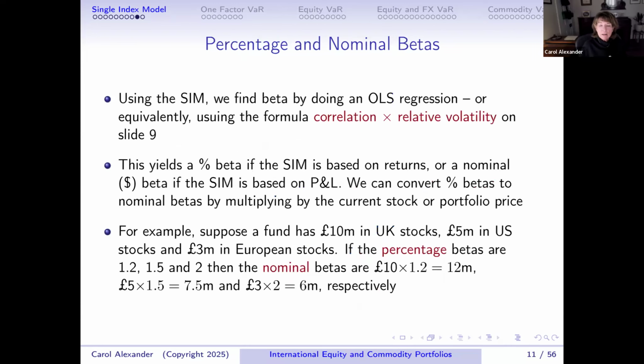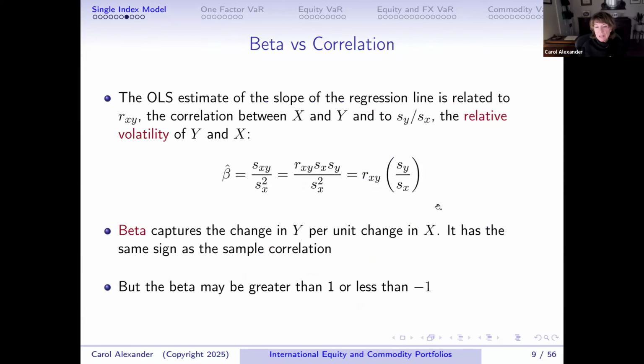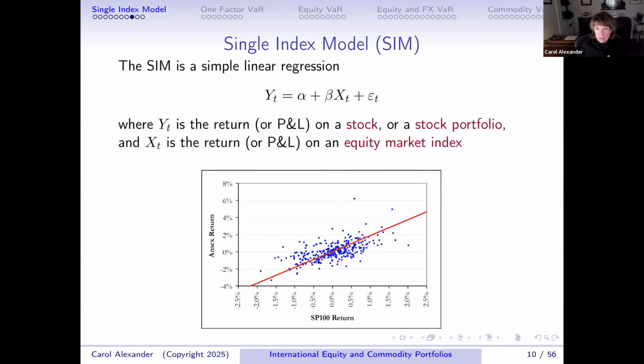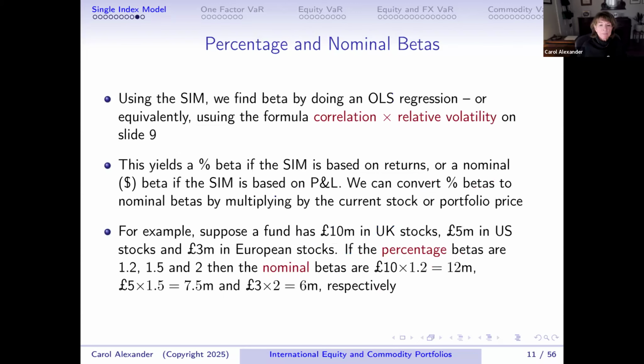Okay, so we can calculate a beta using this formula without even having to do regression. That's not the case in the multiple linear regression. We don't have simple formulae in that case, but in this particular case, for the single index model, we do. And we can then express it either as percentage or nominal terms.